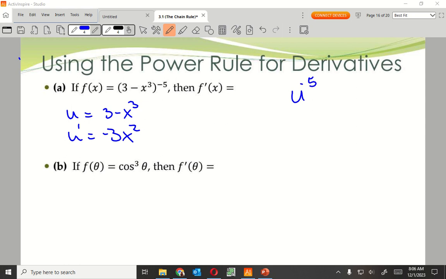So the derivative, it's actually a du in this case. So the du would give me the derivative of that, which would be what? Negative 5u, yep, u to the negative 6, times negative 3x squared, my u prime.